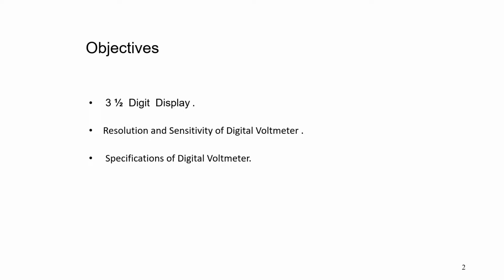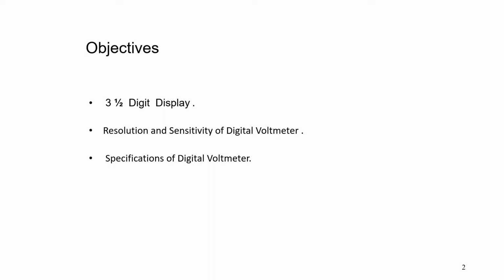Digital voltmeters have various features such as the speed, the automation operation, and programmability. The DVM displays AC and DC voltages as discrete numbers rather than as a pointer on a continuous scale as in an analog voltmeter.